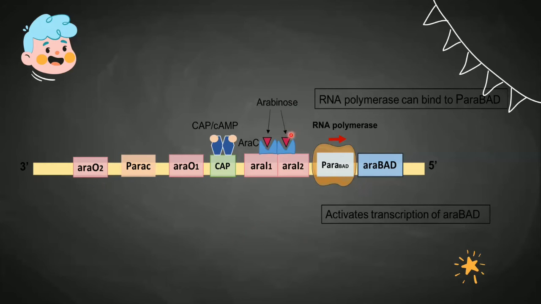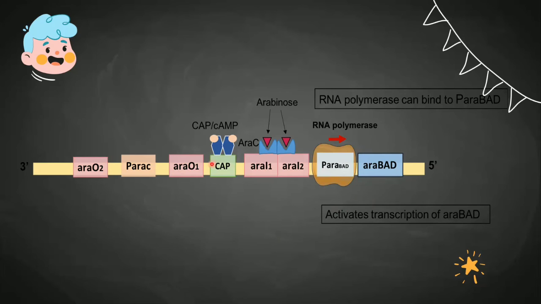Then it will come and bind to ARA1 and ARA2, and it will basically block this site so that the loop is not formed. Once the loop is not formed, your promoter region is free for the RNA polymerase to come and bind, and then transcription can take place. This is how positive regulation happens via RAC.